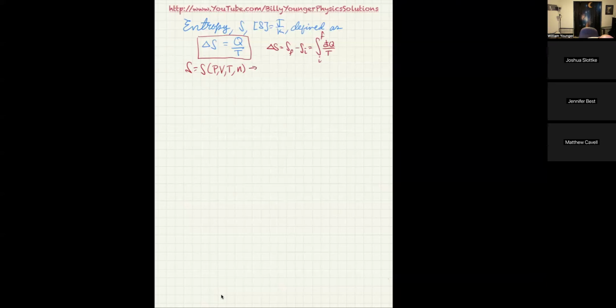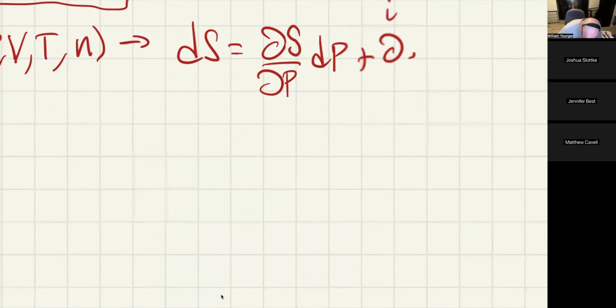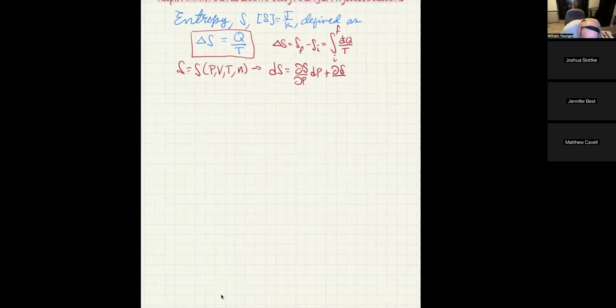Then what that means is dS would be the partial of S with respect to P times dP, plus the partial of S with respect to V dV, plus the partial of S with respect to T dT, plus the partial of S with respect to N dN. So that's one of the other ramifications of something being a state variable.